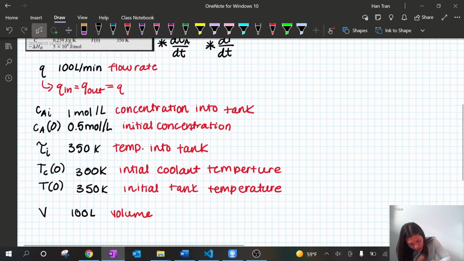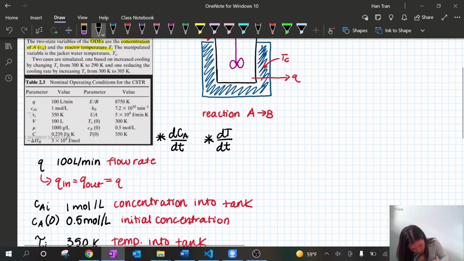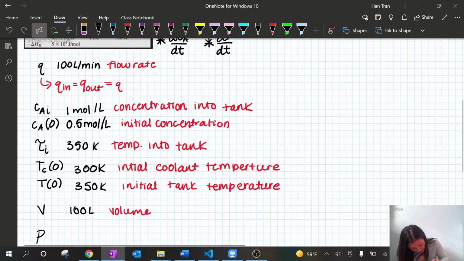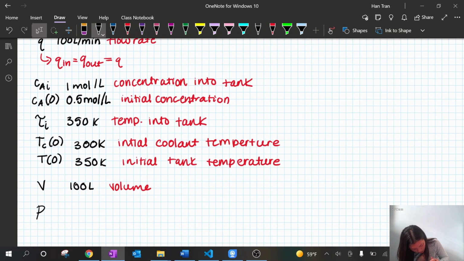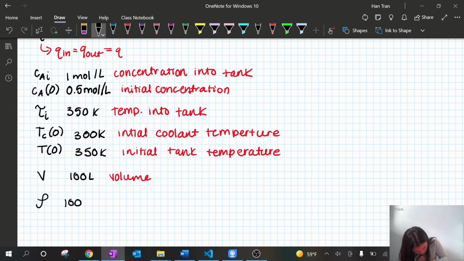And then we have a parameter rho, and this is grams per liter. And so we are going to assume that this is the density. So it is 1,000 grams per liter. That is the density.